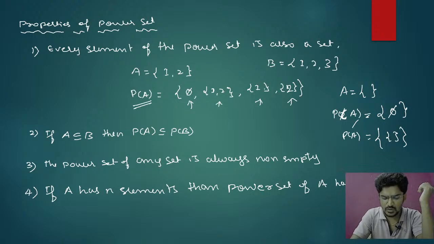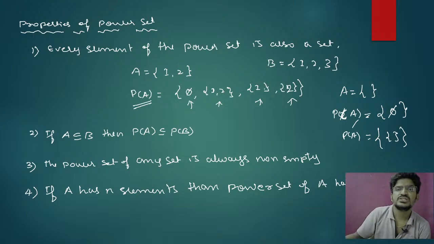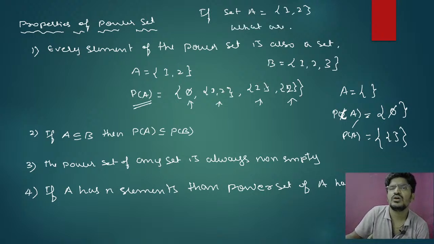Still they make you get confused. Still they will confuse you in the exam by asking the questions in a different manner. See, they can ask the question like this: if set A has 1, 2, how many proper subsets are present?